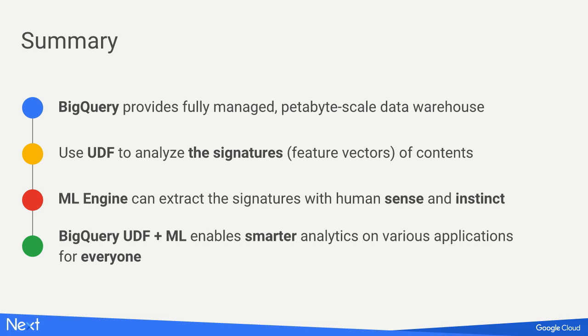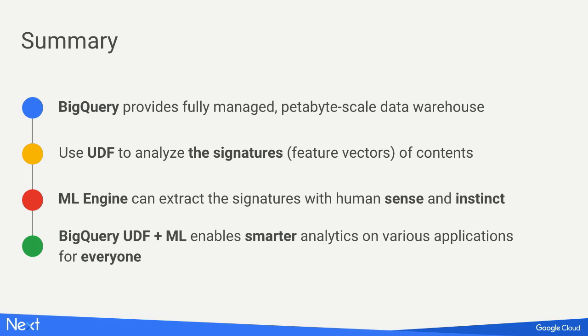Let me summarize. BigQuery provides a fully managed, petabyte-scale data warehouse. It provides the economy of cloud and it's easy to use. And the UDF, user-defined function, is a useful and powerful computing tool that can be utilized to analyze the signatures or feature vectors of any kind of content, rather than using just simple keyword pattern matching.